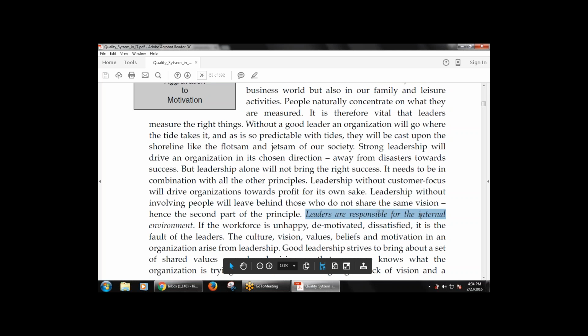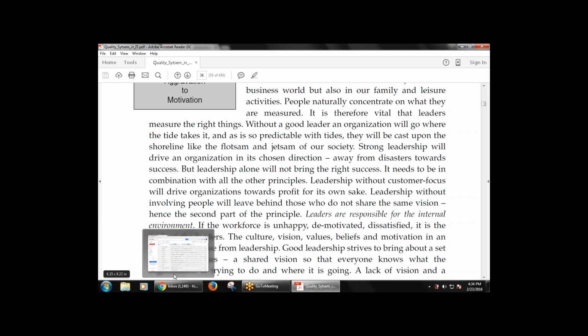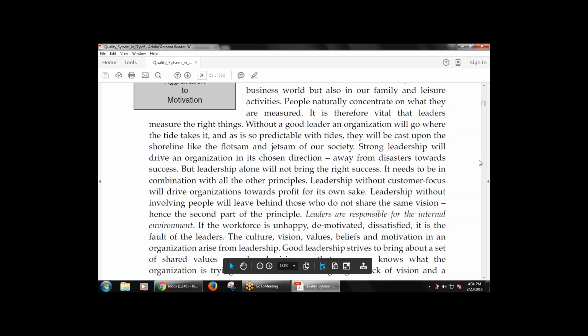And leaders are responsible for the internal environment also. So this is the second principle: leaders are responsible for the internal environment, whether that environment is good or bad.